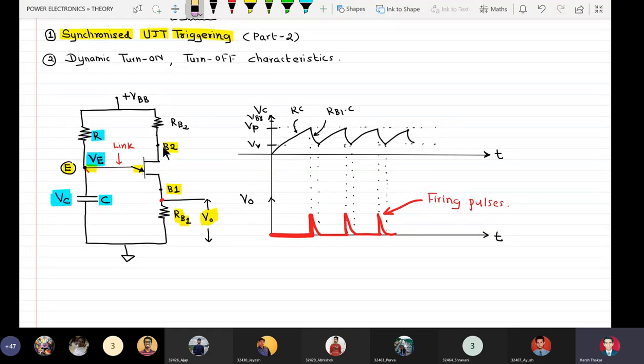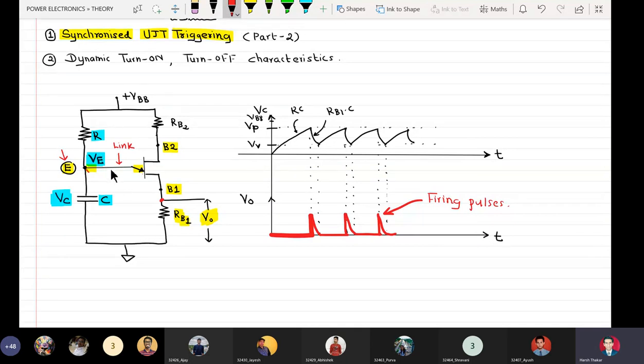The basic operating principle of UJT is that the potential at the emitter terminal E, that is VE, decides whether this particular link acts as open or closed.